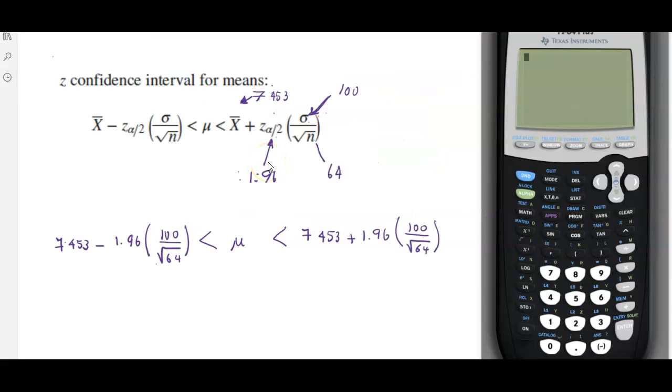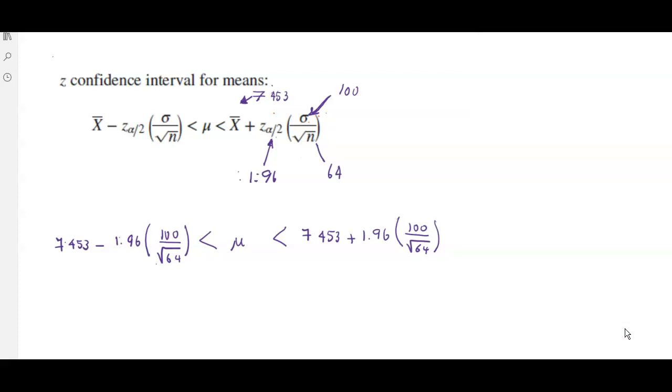Okay, I'm going to plug it into the calculator: 7,453 minus 1.96 times, open a parenthesis, 100 divided by square root of 64, close the parenthesis. So this is going to be 7428.5.